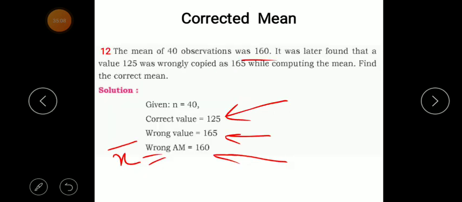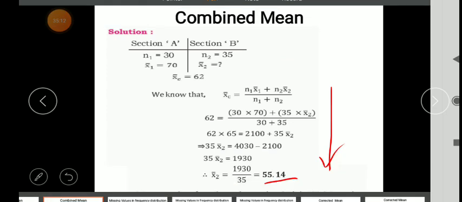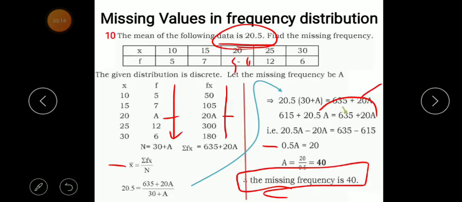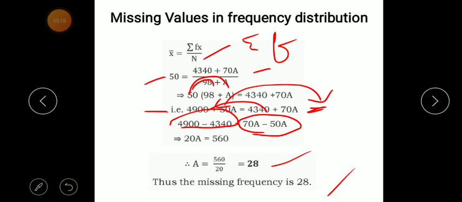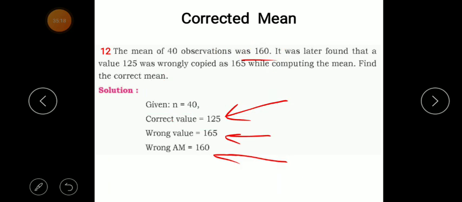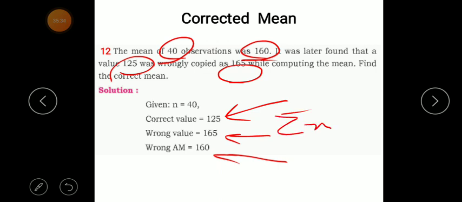It is simple. Whatever data was given, we first have to copy it. Normally they give you a wrong mean. The number of observations remains the same, and a wrong value and the correct value will be given. So first find the wrong total, that is summation x wrong.